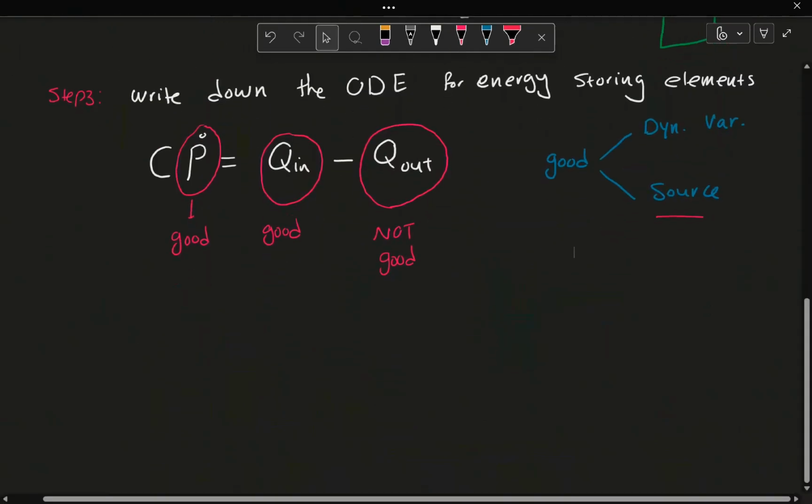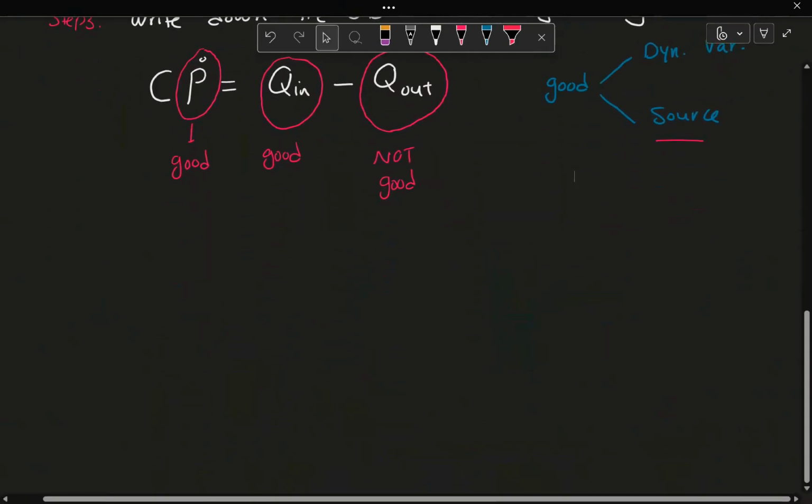So I would go to step 4 of this problem, and I would rewrite the not good terms in terms of my good terms.